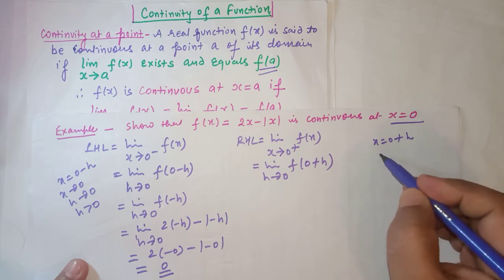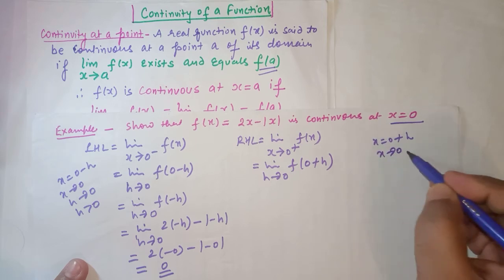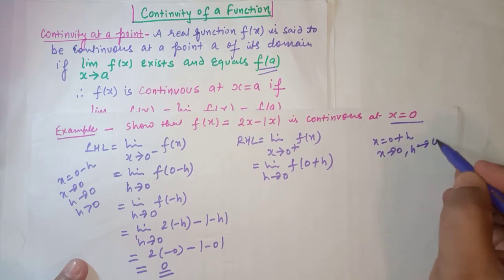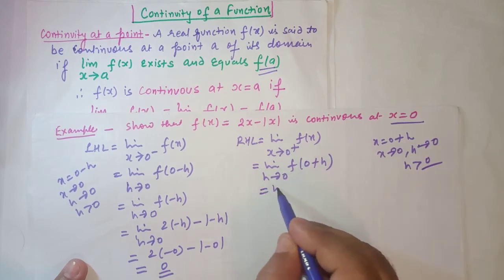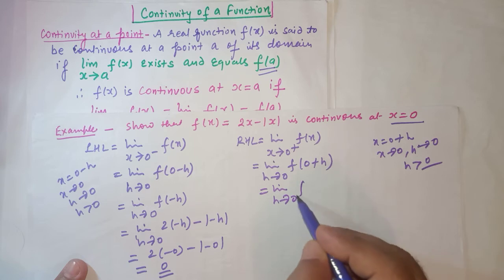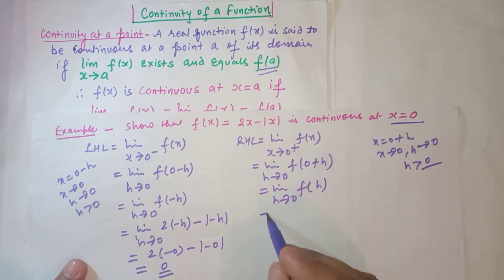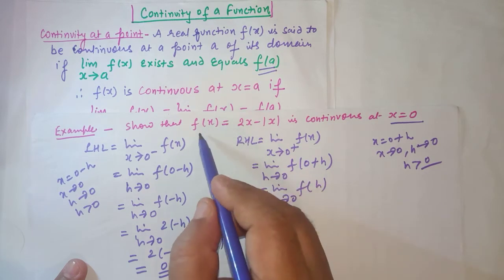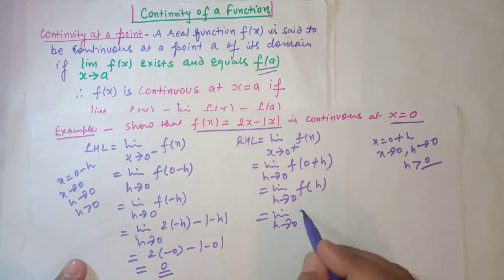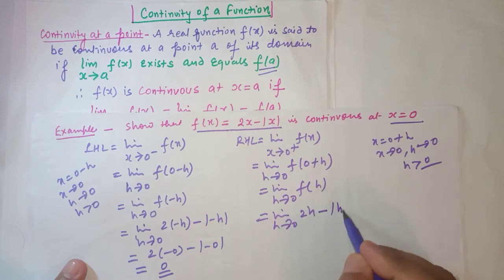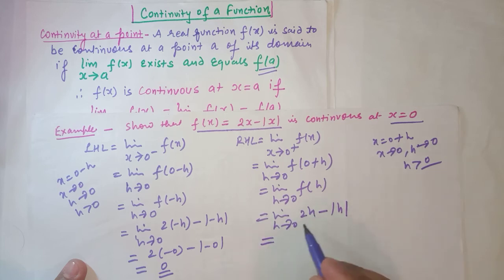As x tends to 0, h tends to 0 and h is greater than 0. So here we have limit h tends to 0, f of 0 plus h is f of h. So f of h, we'll obtain it from here. So this is limit h tends to 0, 2 times h minus mod h. Now we'll substitute h equal to 0 here. So we are left with this expression.